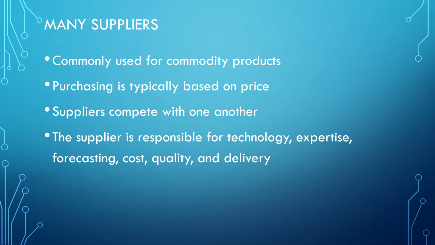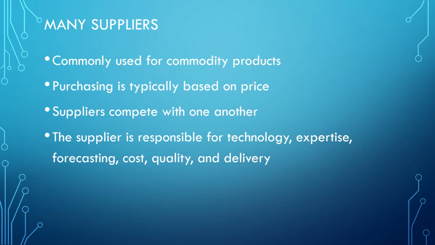The many supplier strategy is commonly used for commodity products, although there might be other factors as mentioned in the previous slide. Cost might be the main reason for selecting a supplier from the group. Suppliers will be competing with each other to provide the lowest cost and adding other competencies as needed.